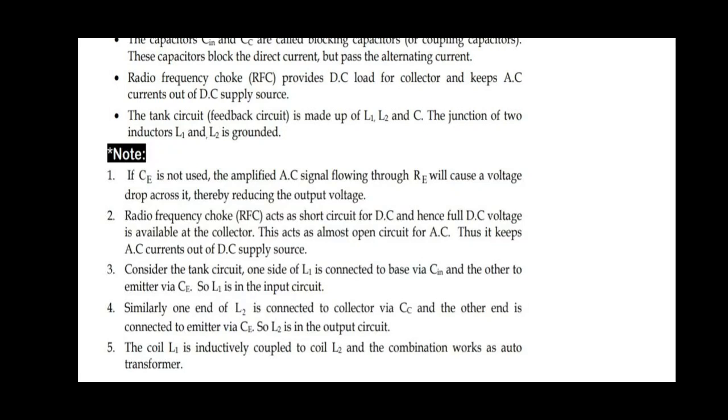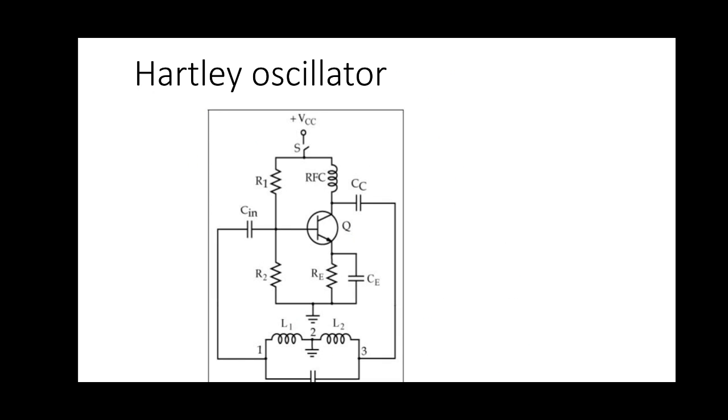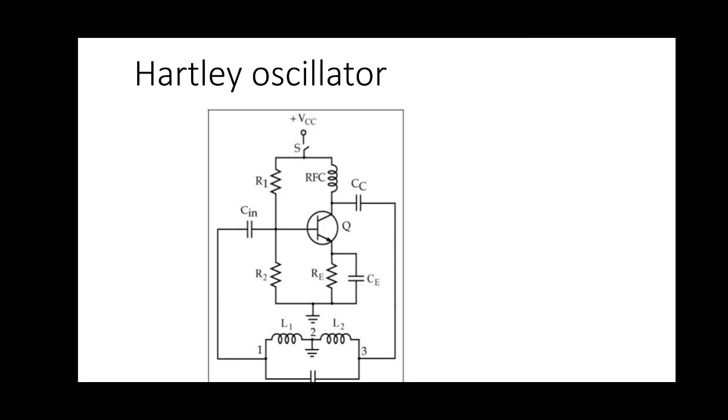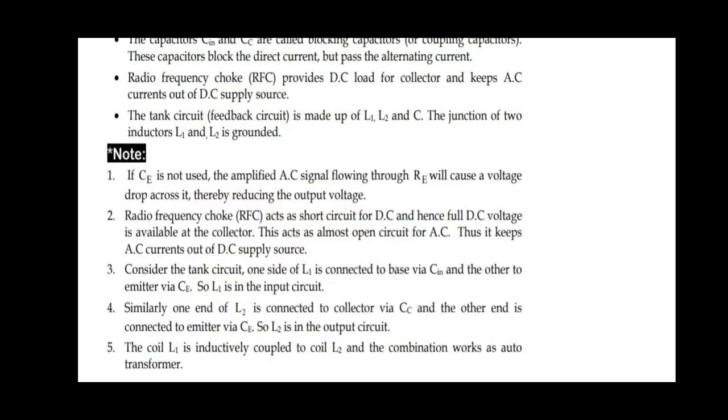So L1 is the input circuit. Similarly, one end of L2 is connected to the collector via CC, and the other end is connected to the emitter. So L2 is the output circuit.